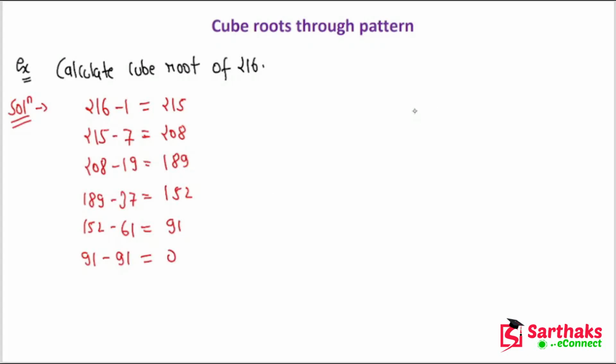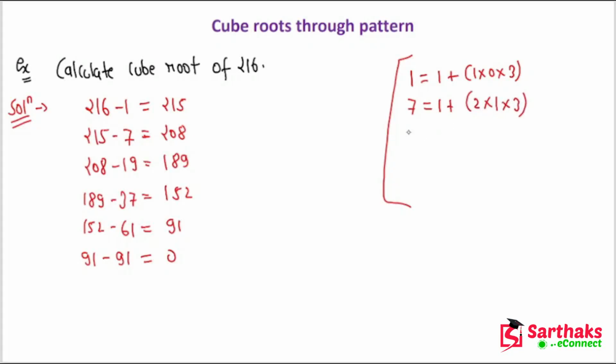Now how do we calculate these members? Let me give you a formula here. So 1 is equal to what? 1 plus 1 into 0 into 3. Now how do we get 7? 1 plus, now increase 2, increase 1 over here.